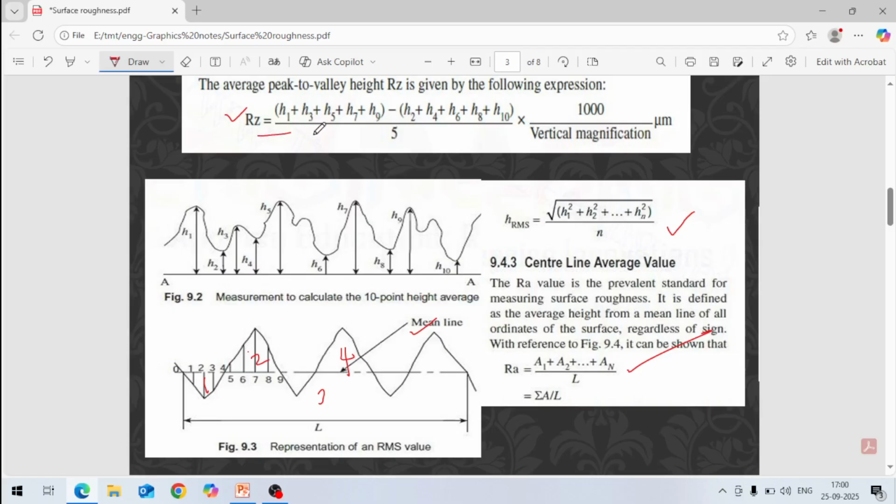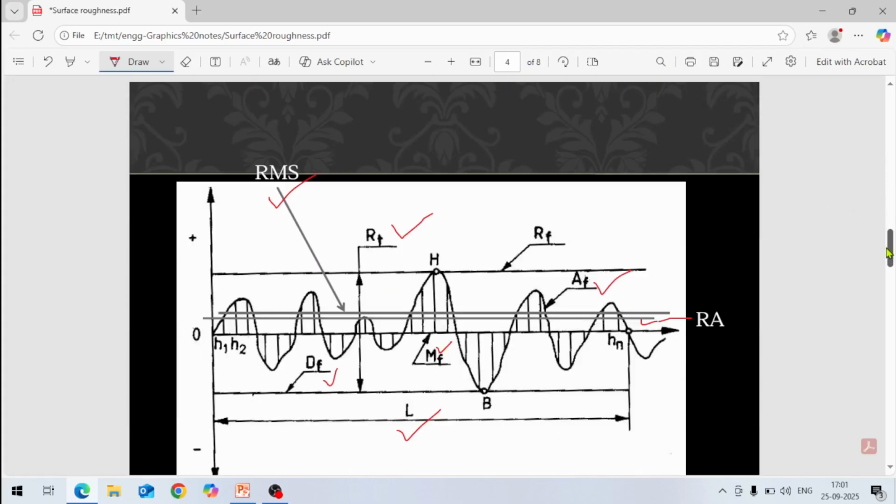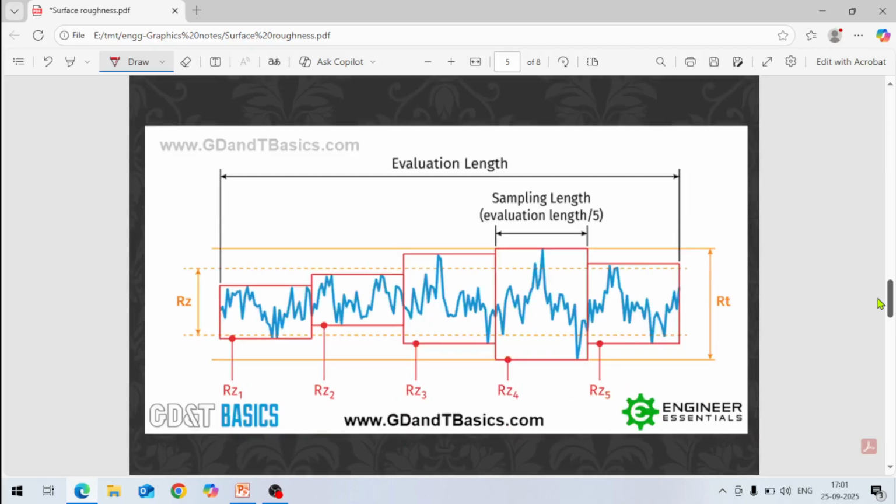So these are RZ, RT, RMS and RA. These values we can calculate like this. Okay, so now if you see here, this is the evaluation length, total length, and this is the sampling length. There are 5 sampling lengths: 1, 2, 3, 4, 5. So this value given here is RZ. How is RZ calculated?